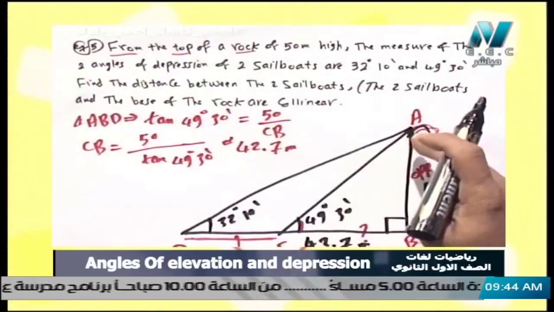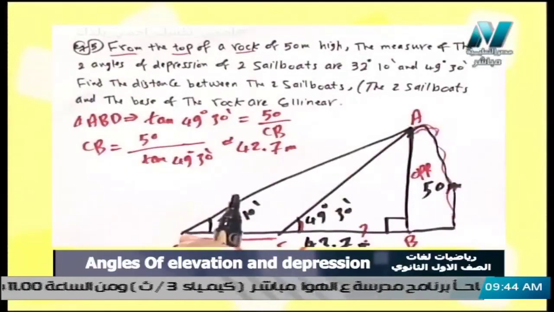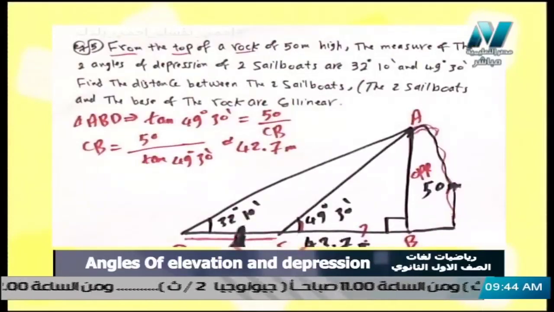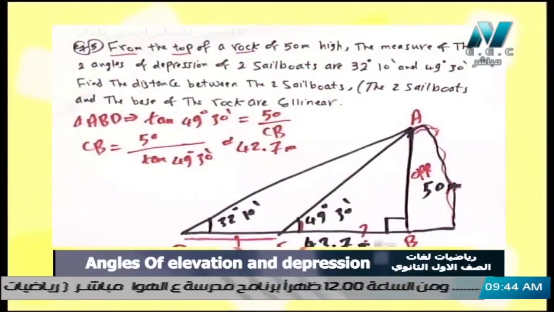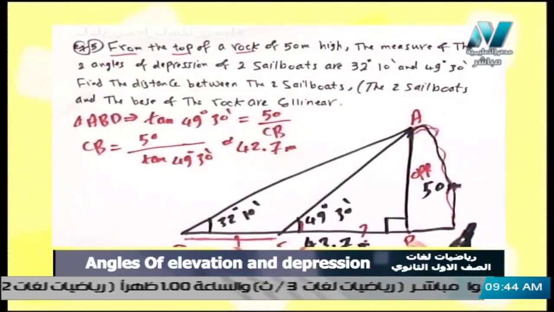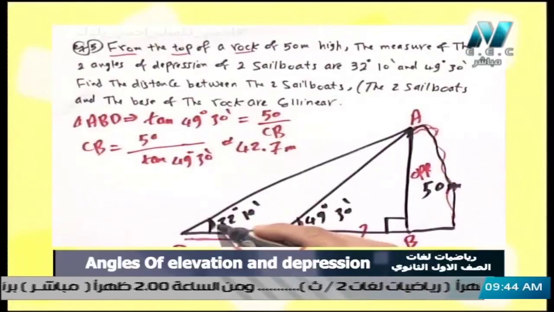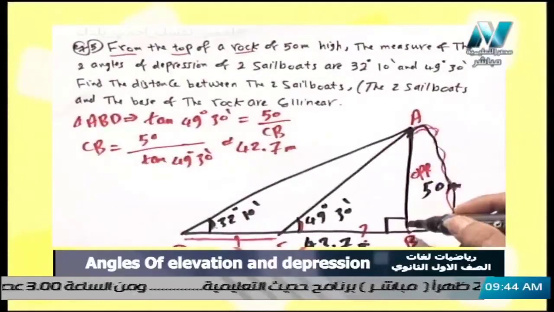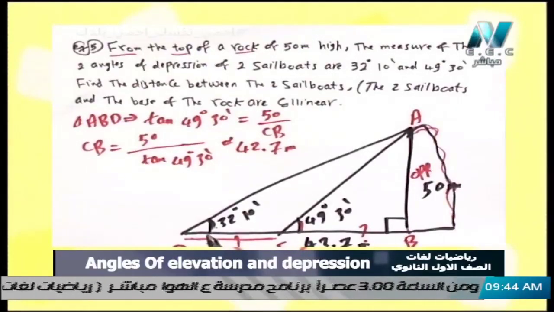So we must deal with triangle ABD to find BD, and we have the length of BC. By subtracting, we will get the length of DC.